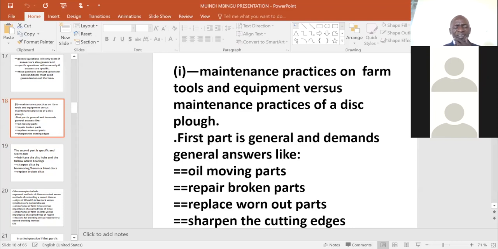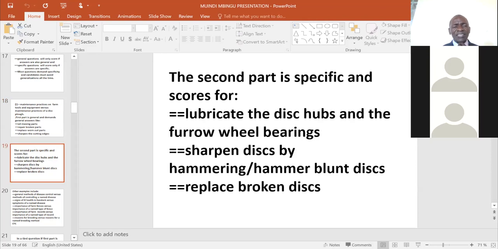Again, I want to say that the word replace goes with worn out parts. When the disc is broken, it cannot be used anymore. So it has to be replaced. So tie the word replace with a part that is completely damaged, that it cannot be used again.